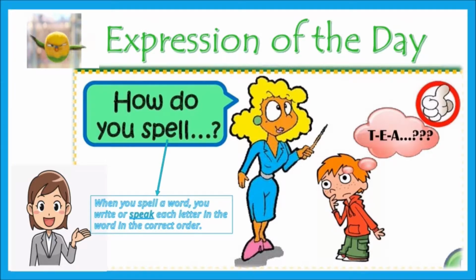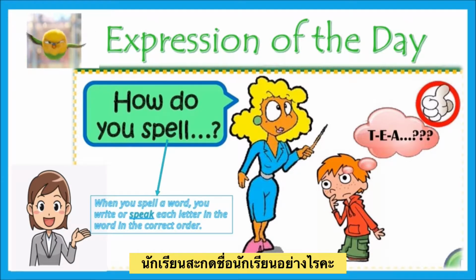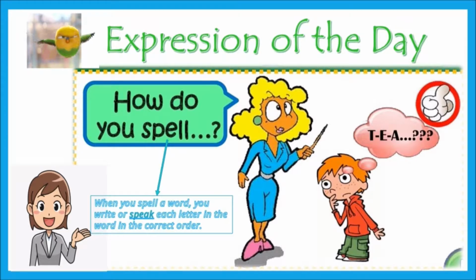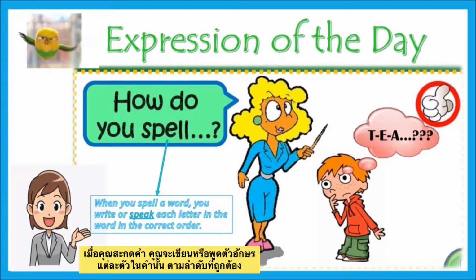So that's what we call spell. Understand? So how do you spell your name? M-A-R-I-A, Maria, that's my name. So, spell means you are going to write or speak each letter in the word in a correct order.